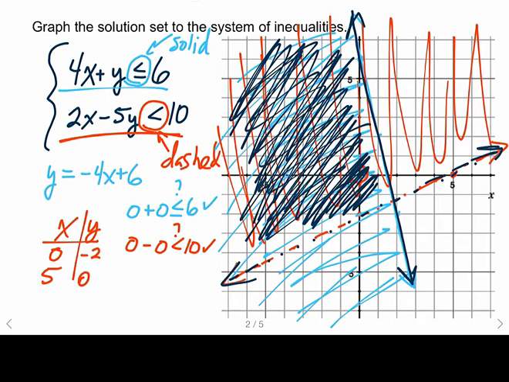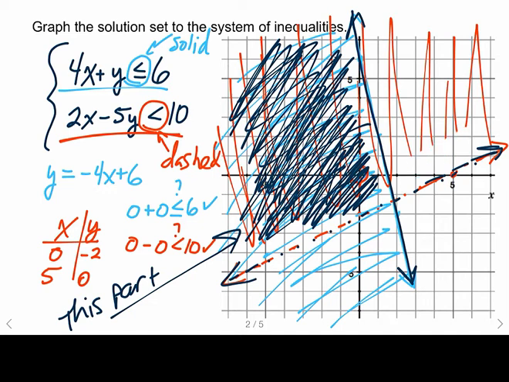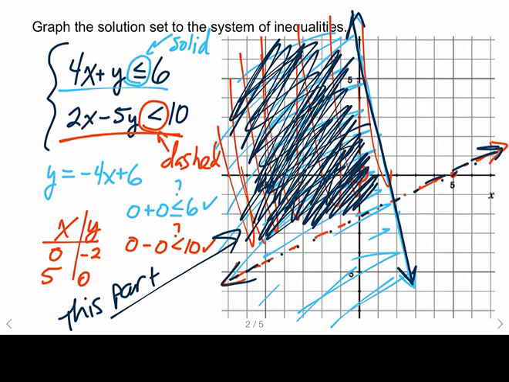Now sometimes on a test folks aren't sure that it's clear to me. What you can do actually is you can put a little arrow and say it's this part, although that's not necessary if you have made it clear to me. It wasn't actually necessary to shade everywhere else, and so you might just see what the solution is going to end up looking like and just shade the part that has the solution.